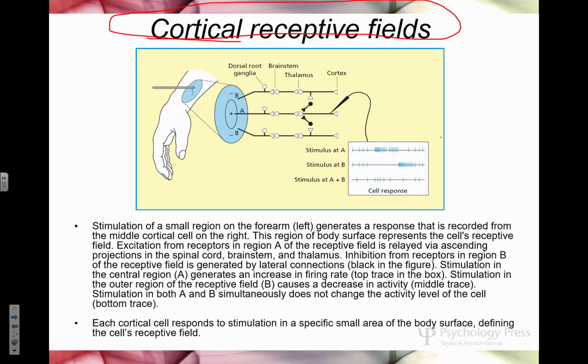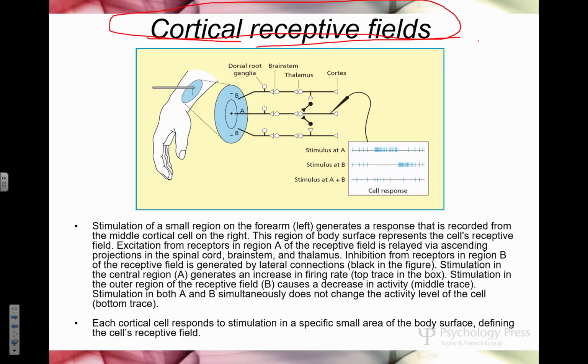But we want to think about this idea of the receptive field, right? It's easy to think about with your skin. If you think about your forearm, for example, that's represented somewhere in your brain. There's a little space up there for your forearm. And that forearm has a bunch of cells sending information up to your brain.